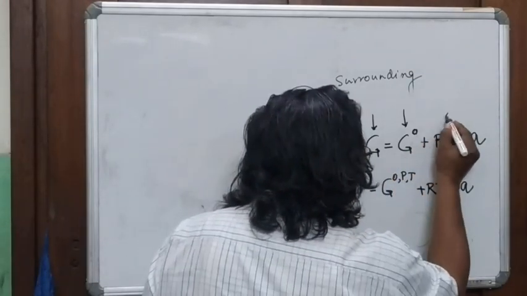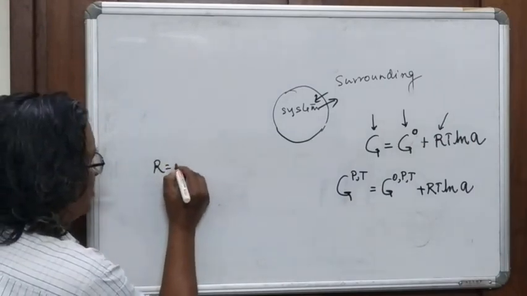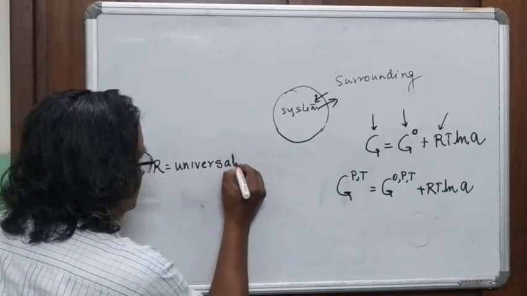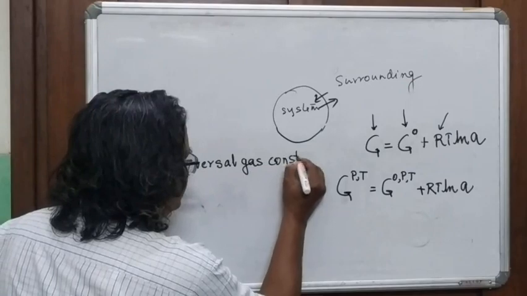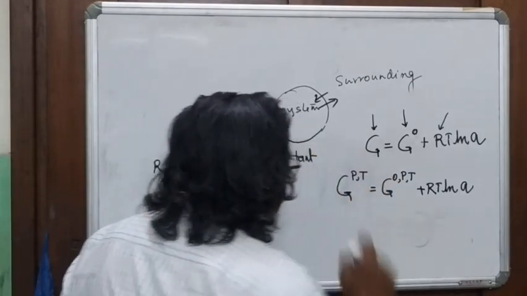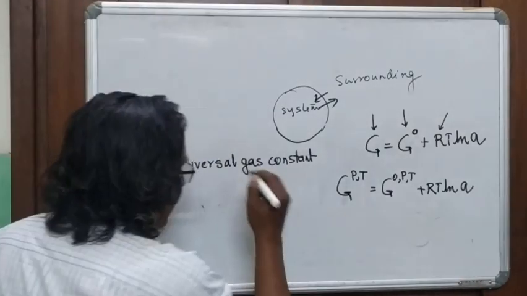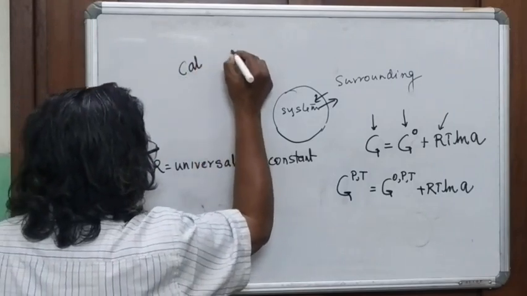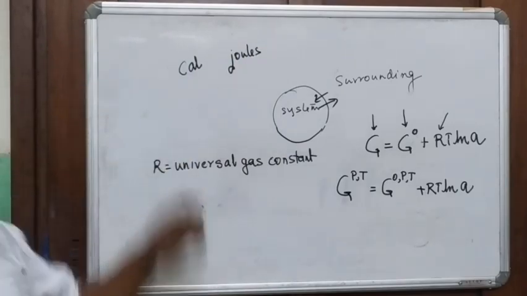Then you have R, which is called the universal gas constant. But just before going to R, G, the chemical free energy, may have a unit of calories or joules.